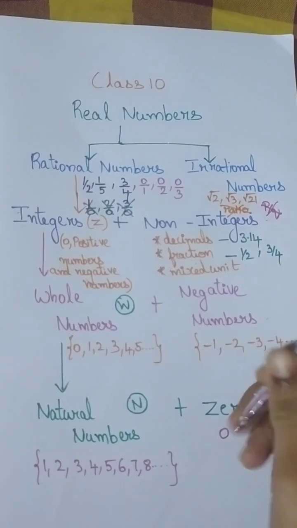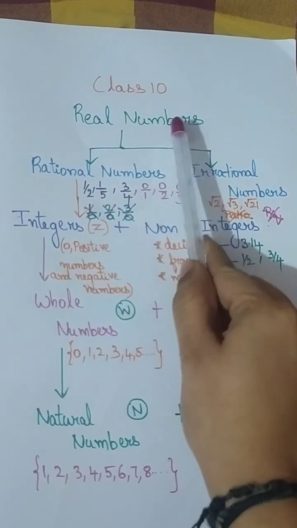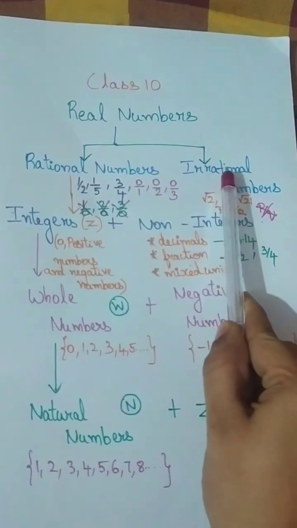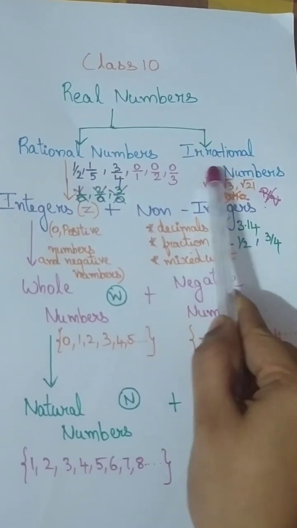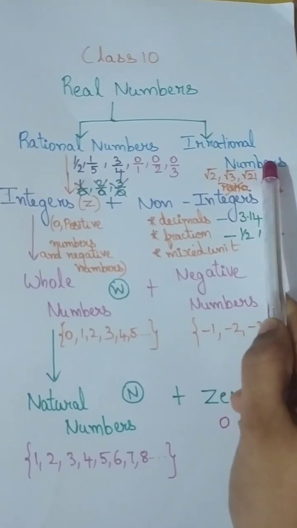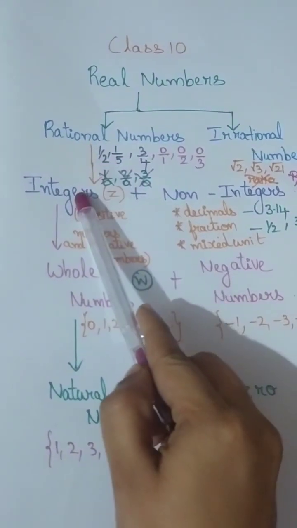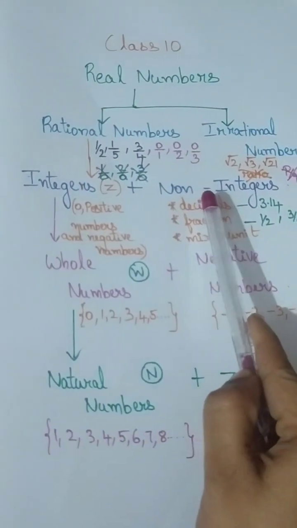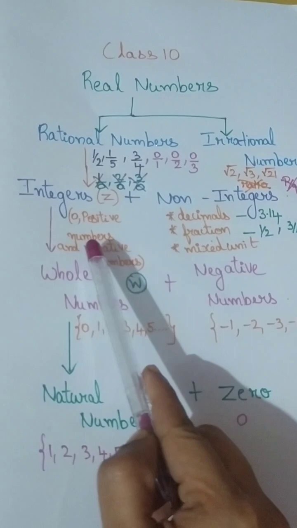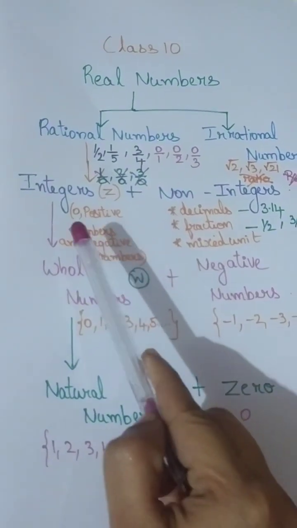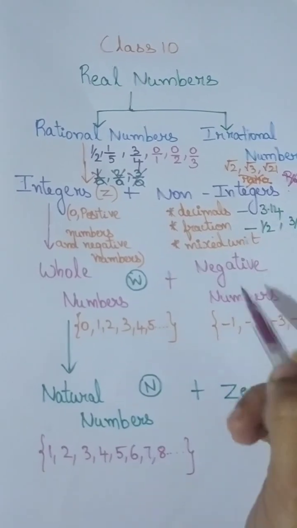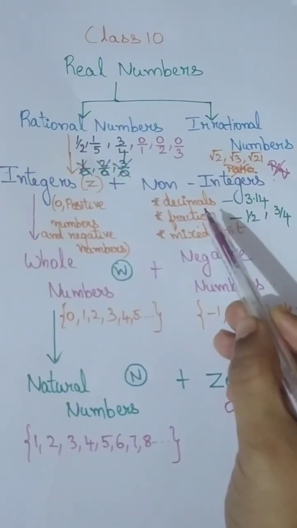So real numbers have rational numbers and irrational numbers, and further division is not there for irrational numbers. Rational numbers we can divide into integers and non-integers. Integers, as I have already told you, have positive numbers, negative numbers and the number 0. Non-integers have decimal numbers and fractions.